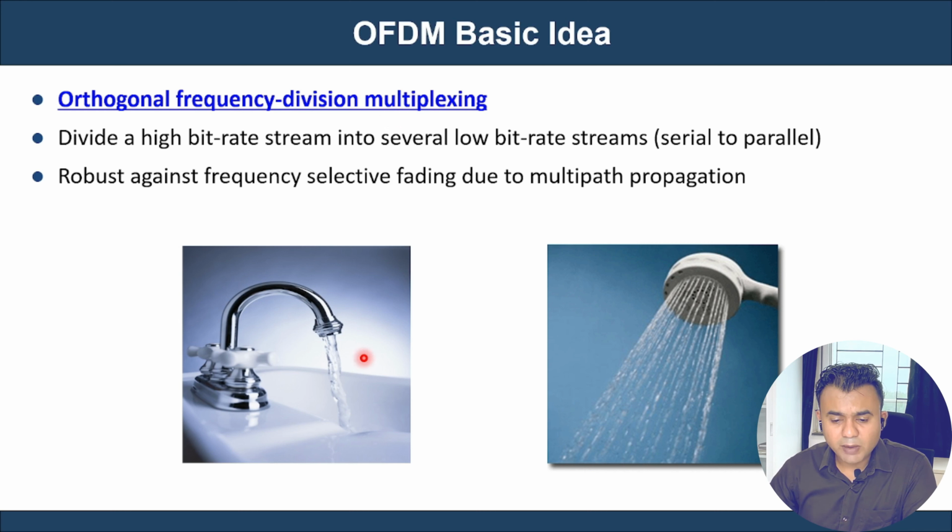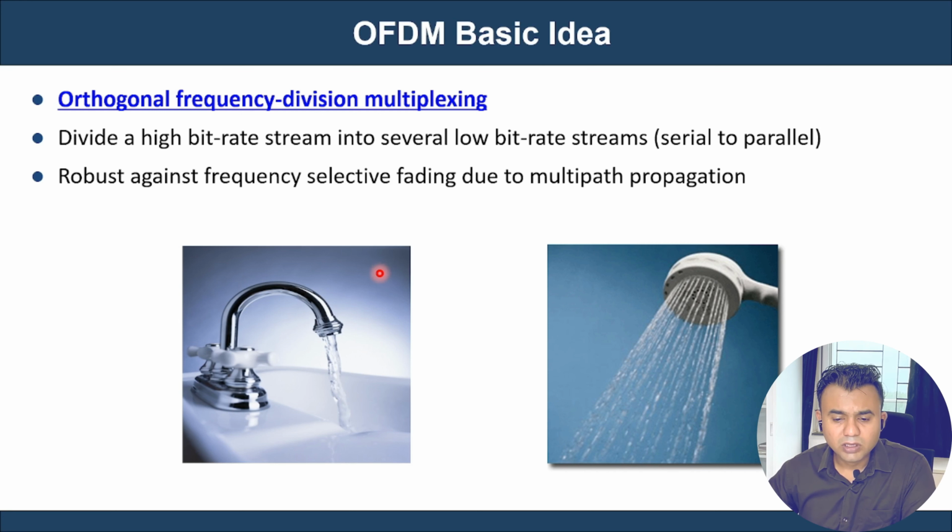In traditional communication, we transmit the entire signal. We do not divide it into smaller parts, or take individual symbols and put them across different frequencies. We take the entire signal and put it here and here.